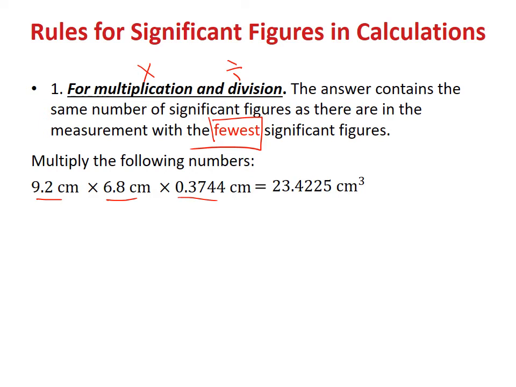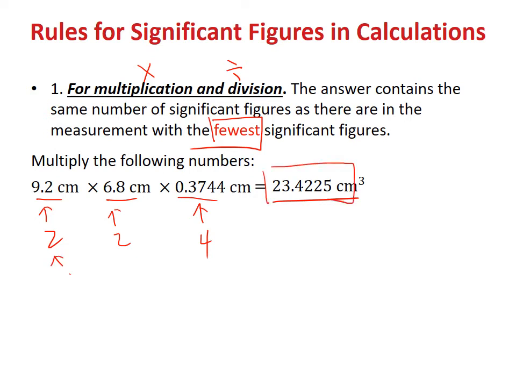23.4225. And then you need to decide how many figures are significant. Now, because you have a measurement that only has 2 significant figures, and this one is 2 also, this one is 4. The answer cannot have more significant figures than the fewest one, which is 2.